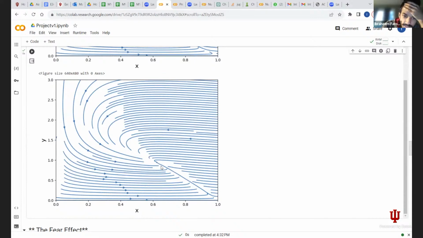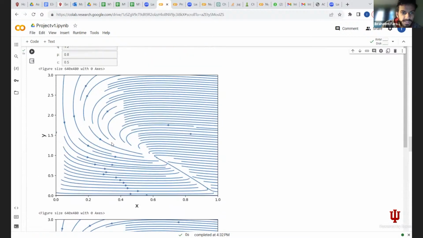Here we can basically see the Allee effect. Initially we're looking at the Allee effect. We can see that if the prey population is at a certain point, it will drop and approach this fixed point over here.